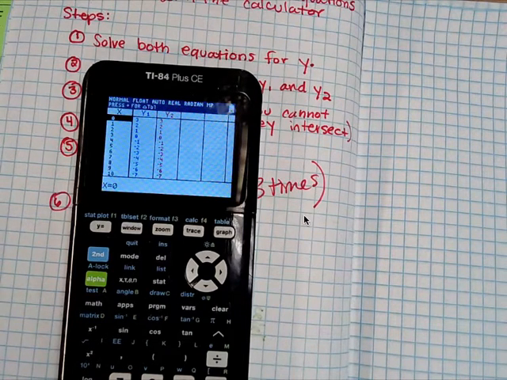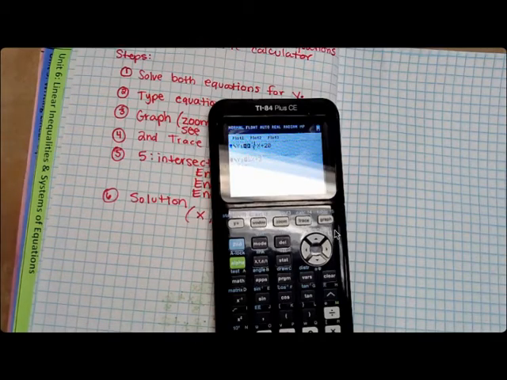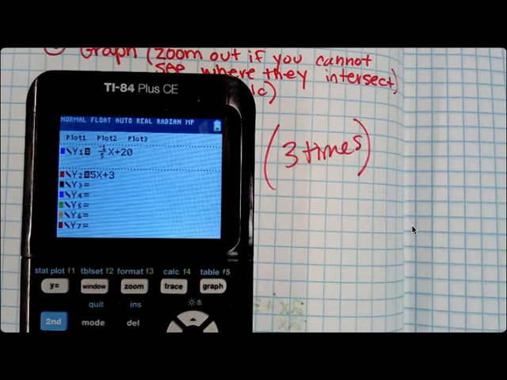All right, let's find one that we have to actually zoom out. All right, so I have one that we can use. So it's y equals negative 1/5 x plus 20. And then 5x plus 3.